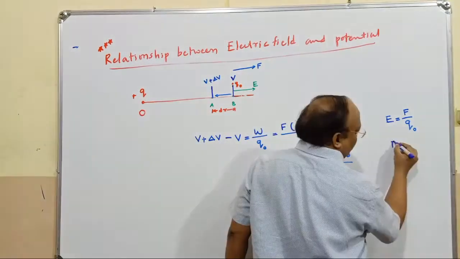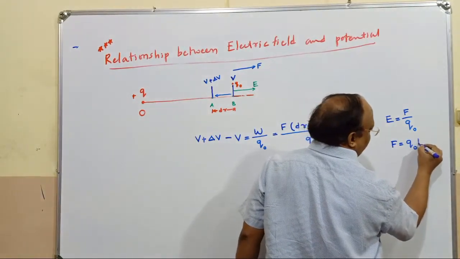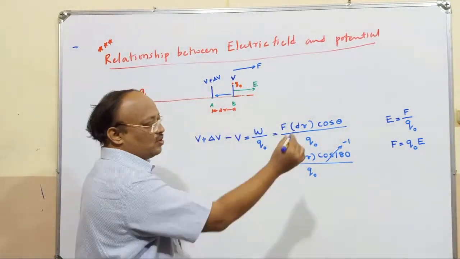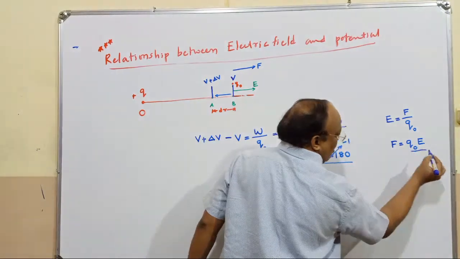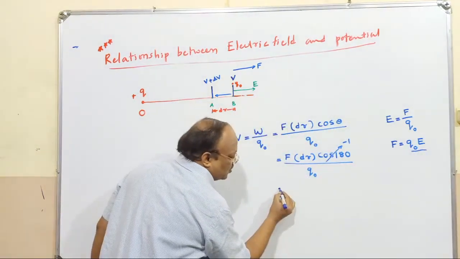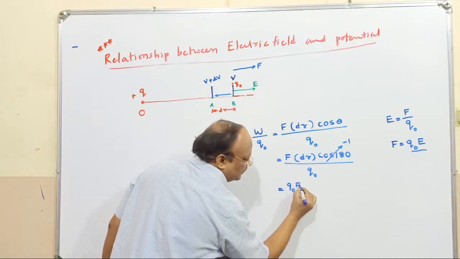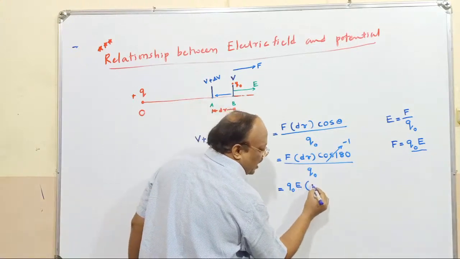So therefore, F is equal to Q naught into E. That value of Q naught into E, I am substituting here, into dr.